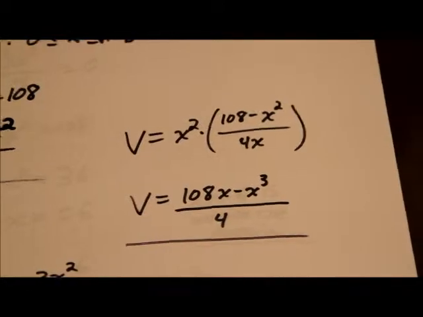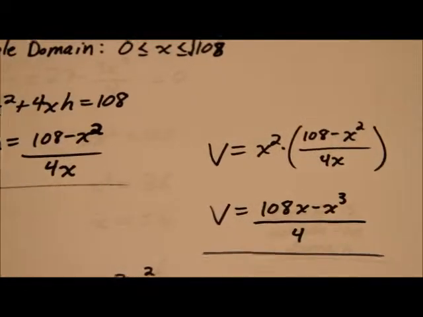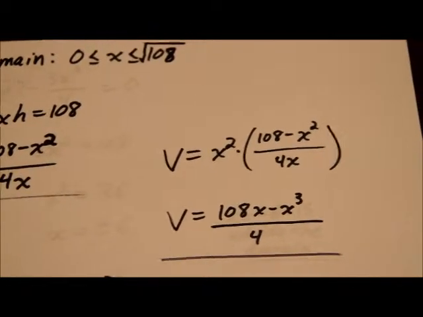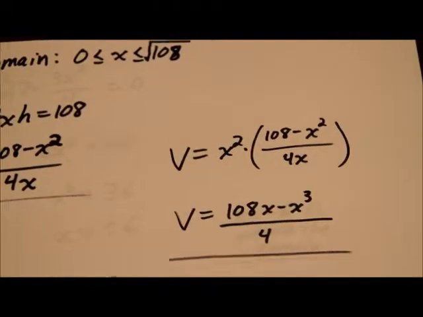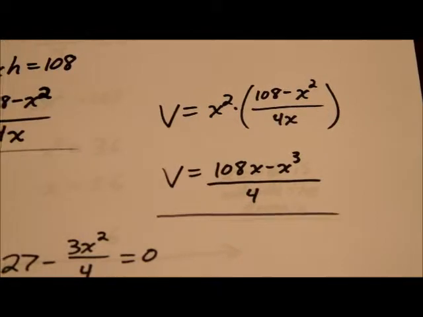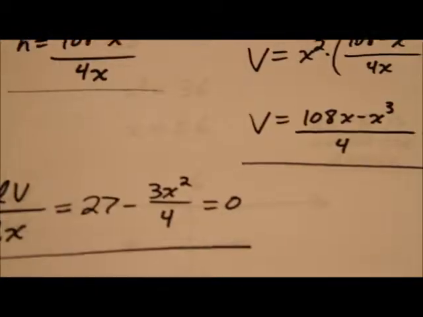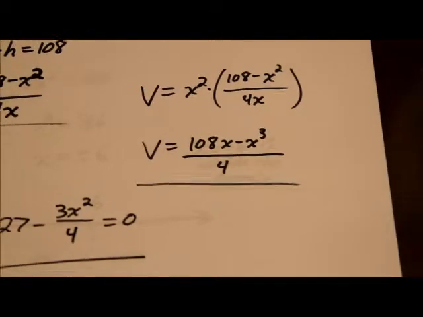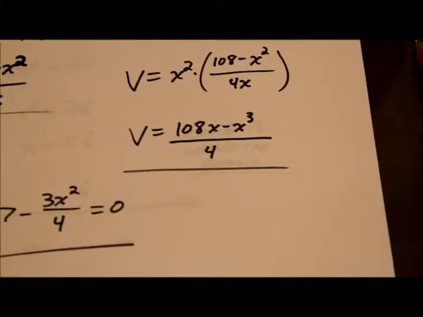Now we can plug that into our original equation to get the volume is x squared times the quantity (108 minus x squared) over 4x. So the volume is effectively (108x minus x cubed) over 4. So that is our new primary equation.